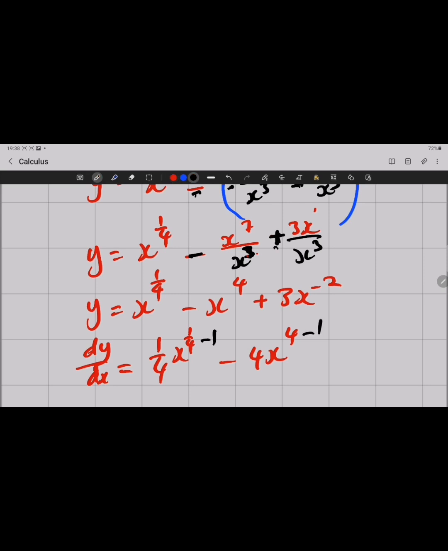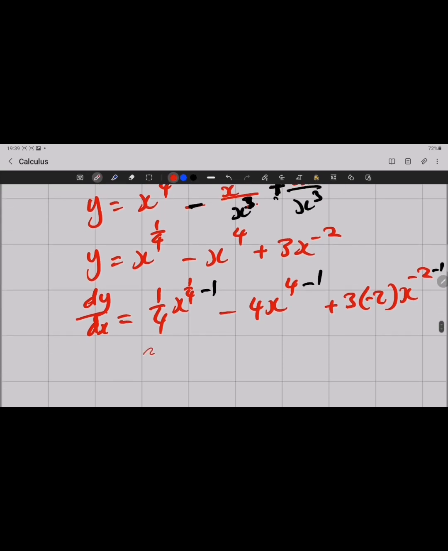You can skip this step, just go to the answer if you know how to derive properly. Then here we've got 3, we bring down the negative 2 in the exponent, then we subtract 1 from the exponent. Then we simplify this, we will get 1 over 4 x to the power of negative 3 over 4, then minus 4x cubed minus 6x to the power of negative 3.